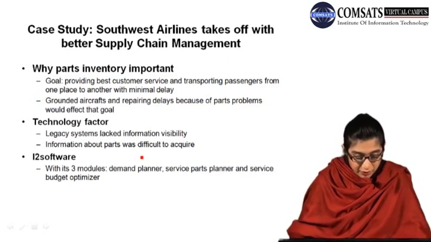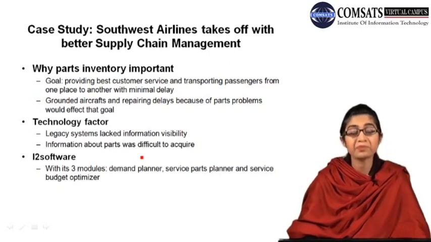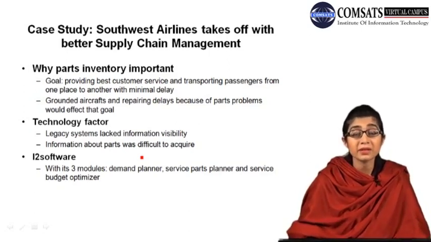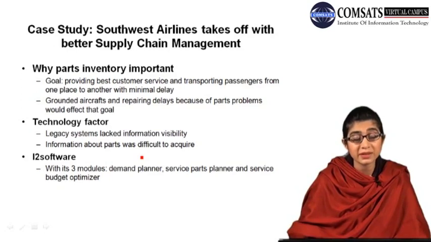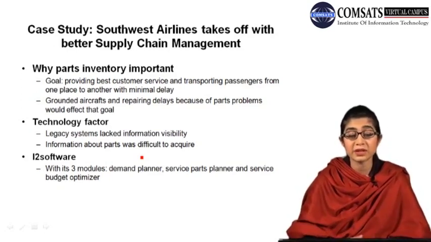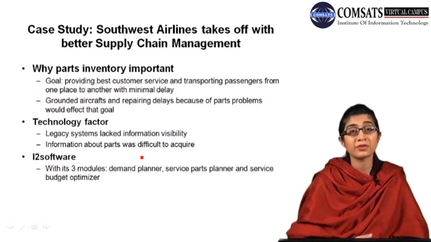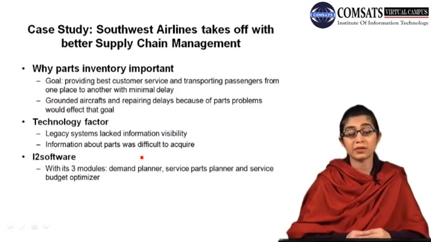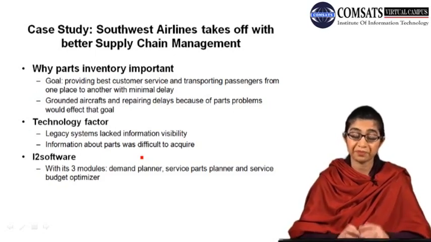Right, so what technology factors were responsible for Southwest's problems with inventory management? What was the technology problem? The technology problem was with their legacy systems. Their old systems lacked information visibility, and because of that, information about the parts was difficult to acquire.